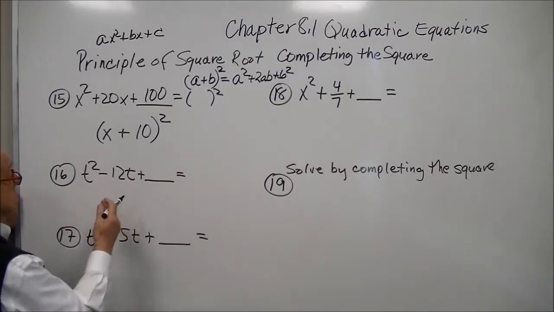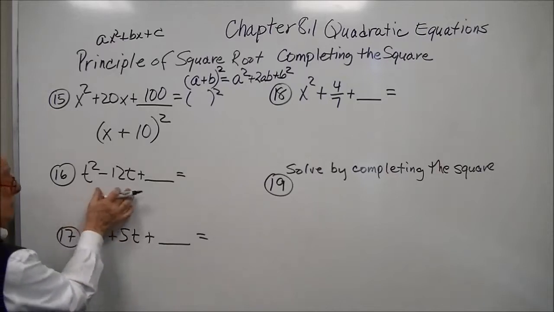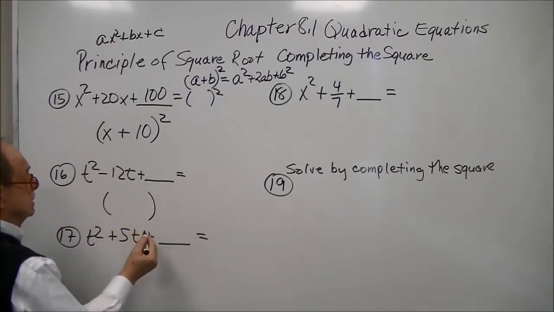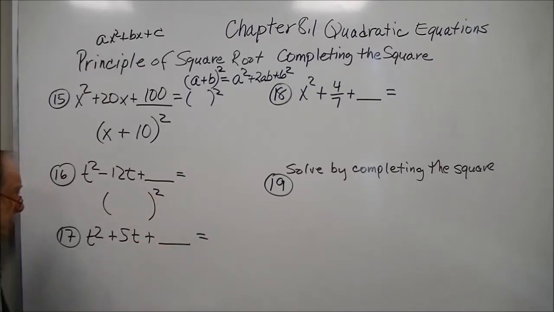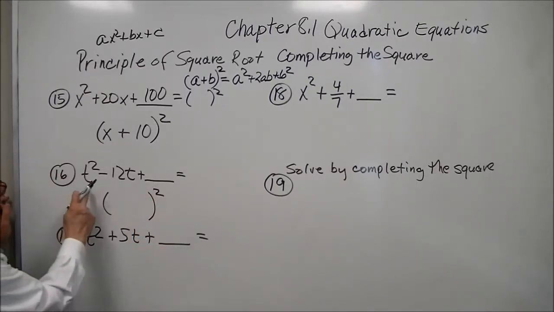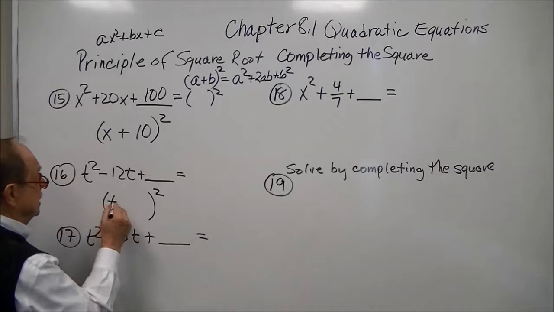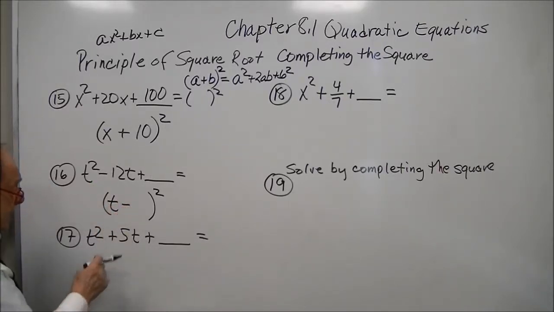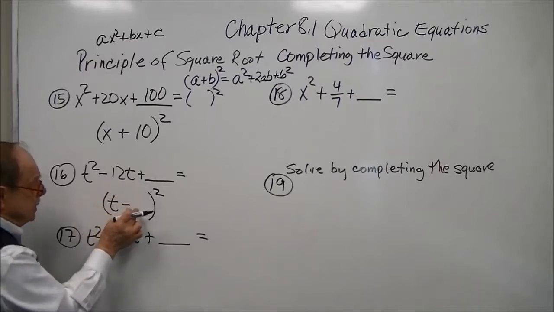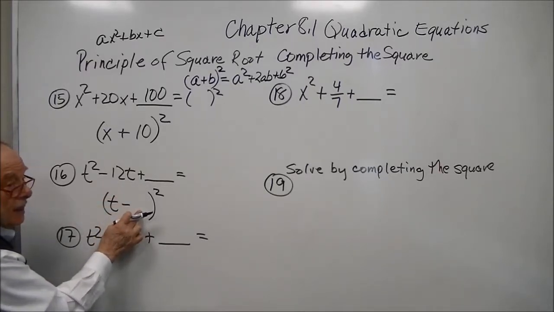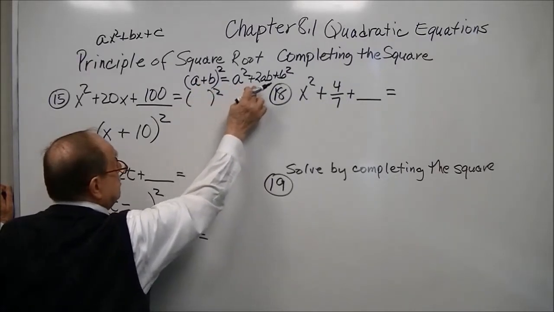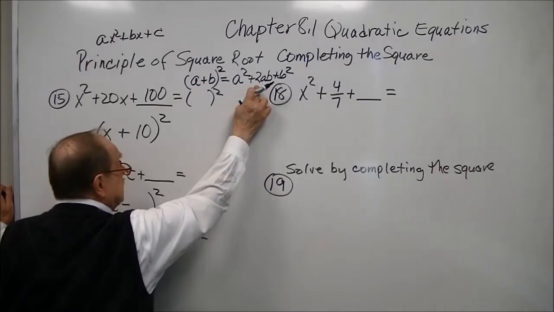So again, my technique was, you sort of set it up in standard form, put a set of parentheses, put your square there. We know this t is going to go here. The sign that's going to go there is negative. Now, how do we get this term here? Well, again, to get the middle term, we multiplied and doubled it.